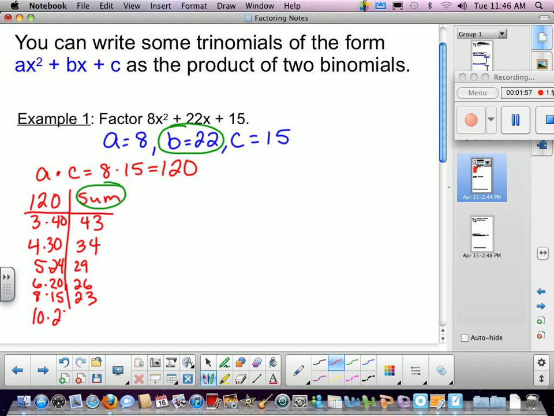And then we would have 10 times 12, which would give us 22. So those are the factors that we're going to use.